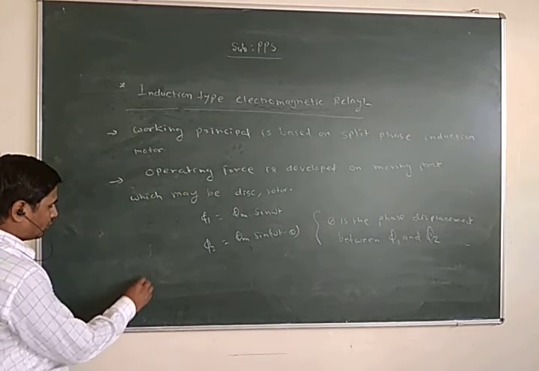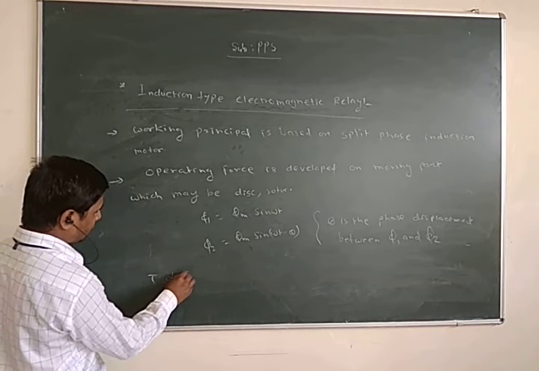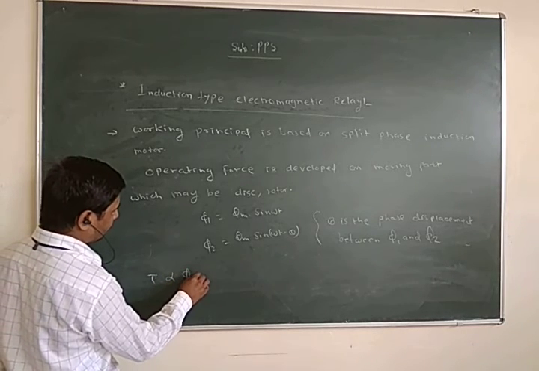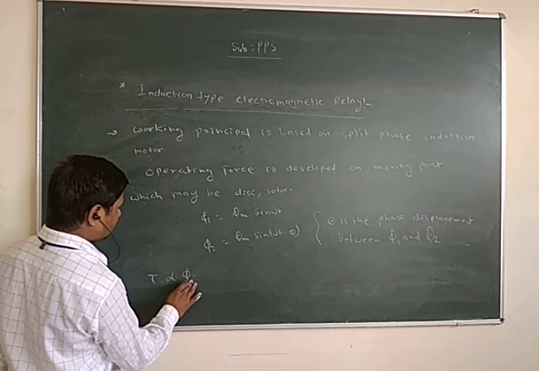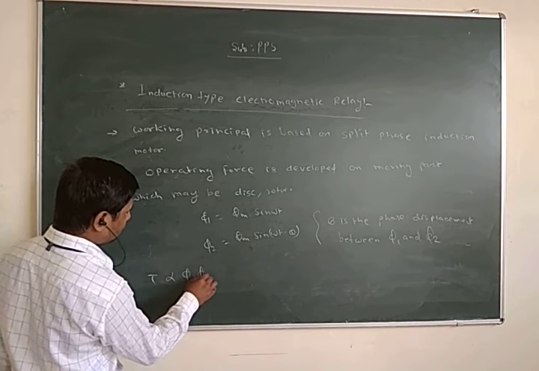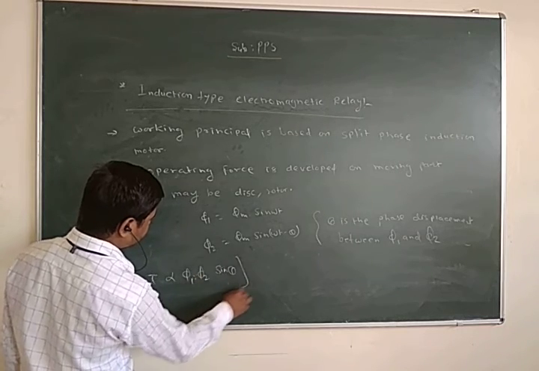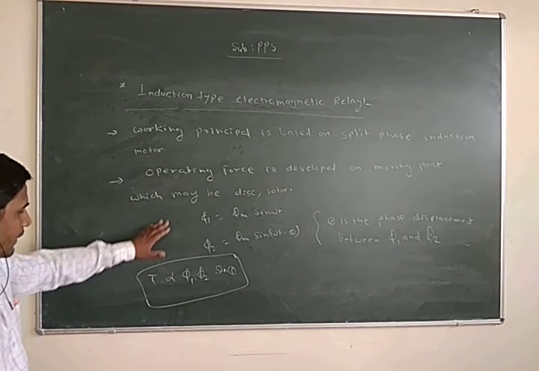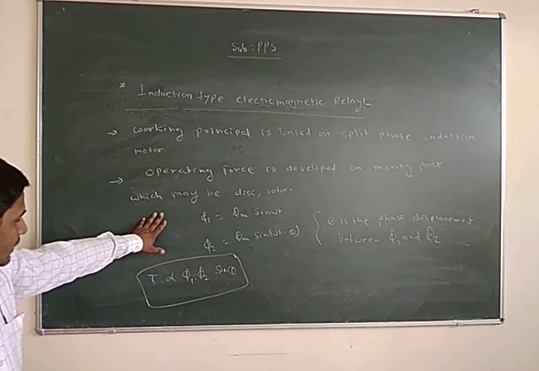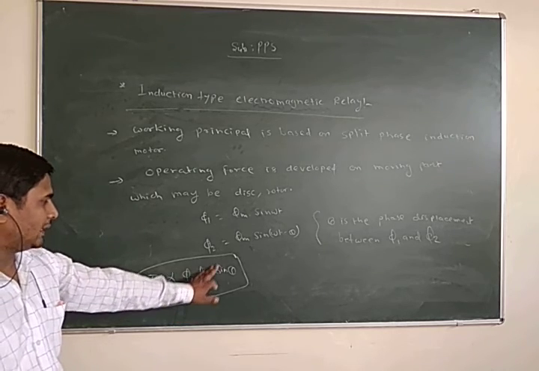The net torque T is directly proportional to phi 1 phi 2 sine of theta. It means the operating torque of this type of relay depends on flux phi 1, phi 2 and sine of theta.